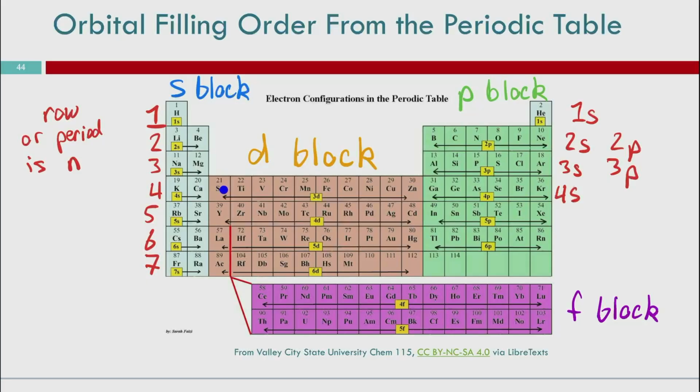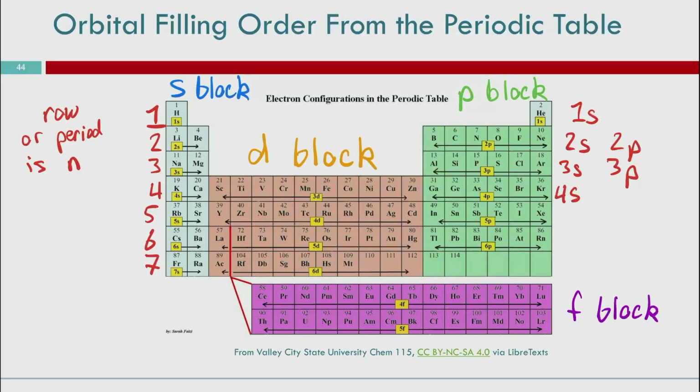And then we get to our first row of the D block. When is the first time that the D subshell shows up? What N number? Not what period number, what N number? What principal quantum number? It's not 4. It's not 5. It's 3. D is our third subshell.